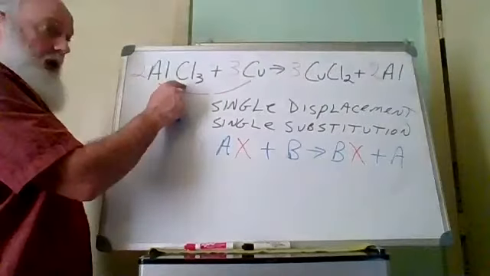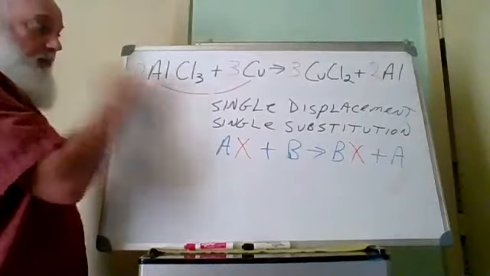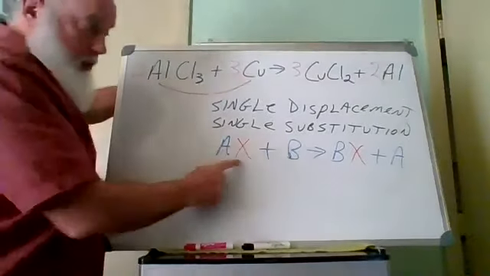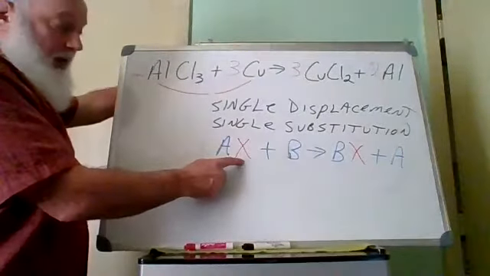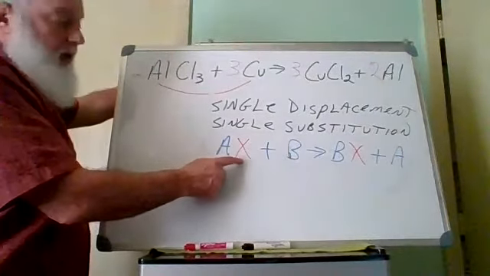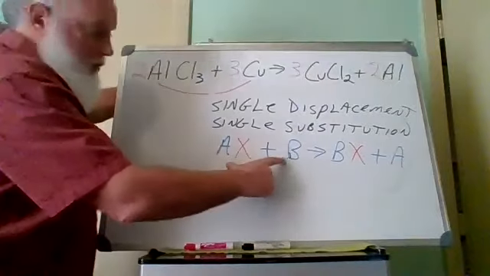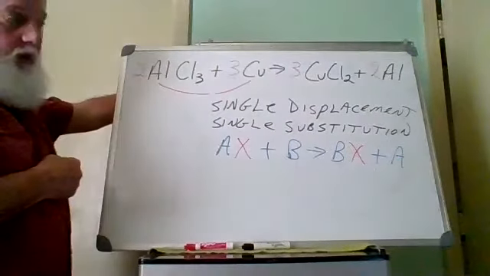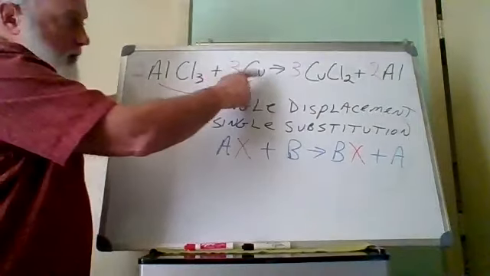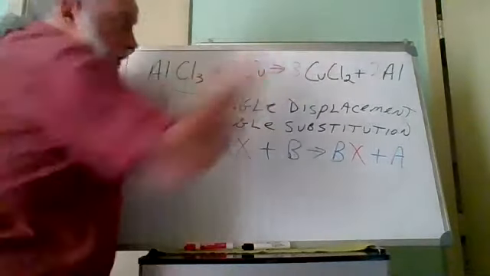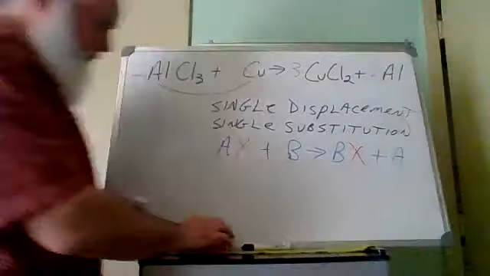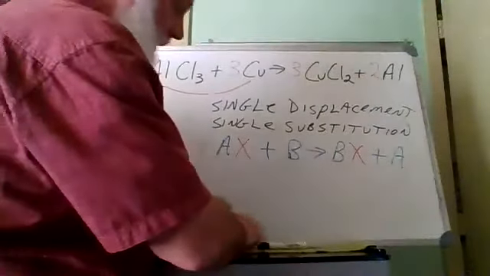It's got a metal and a non-metal. An ionic compound. Here, the metal cations are in blue, the non-metal anion chloride is in red. So this shows that the cations have traded places. Here the pure metal was copper, over there the pure metal is aluminum. How do we spot this?